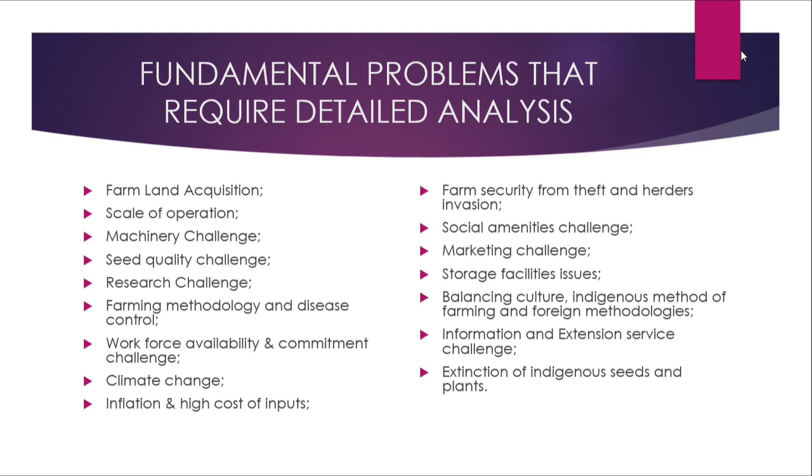Machinery challenge. We all know that today, many people don't want to work in the farm again. Many people don't want to till the land again because people are getting conscious of the fact that the more money you make is outside tilling the ground. What am I trying to say? The people that are actually making money in agriculture are not the ones that are tilling the ground.